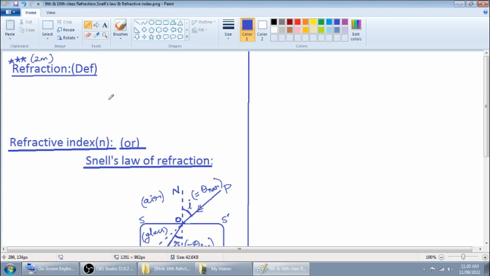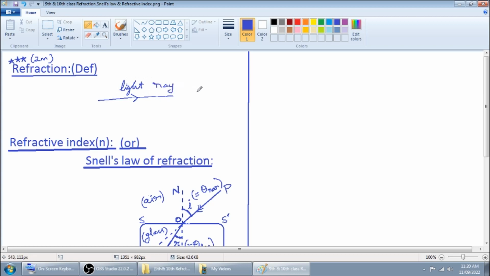All these objects like electric bulb, burning candle, sun, they give out light energy. Now we have learned that this light energy travels in a straight line. This thin straight line path along which light energy is traveling is called a light ray.